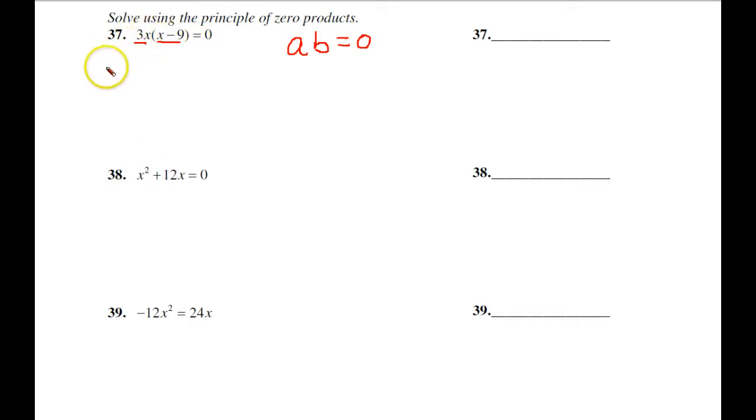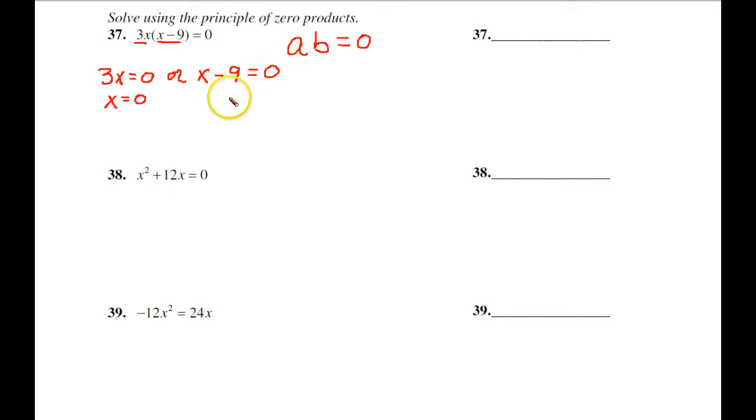We solve it by setting up two little equations. We take the first factor, 3x, and equal it to 0. We're saying that 3x could be 0. Or x minus 9 could equal 0. And here, when we solve, dividing both sides by 3, we got x equals 0.